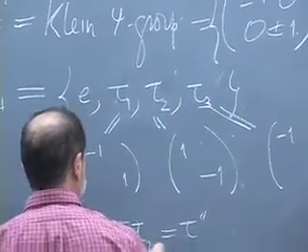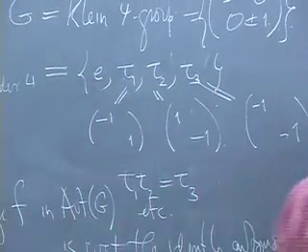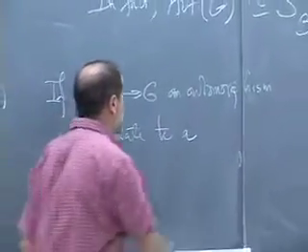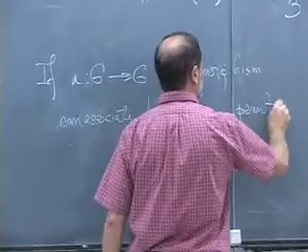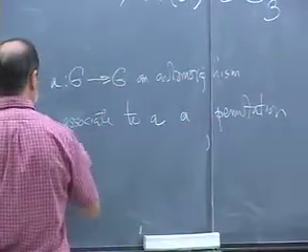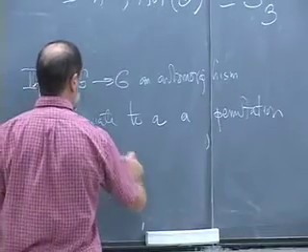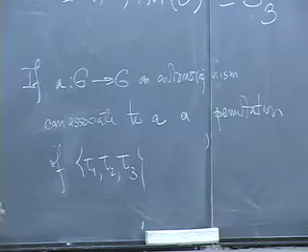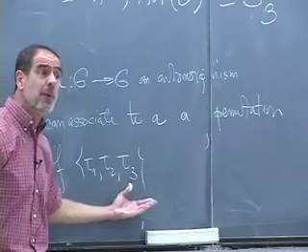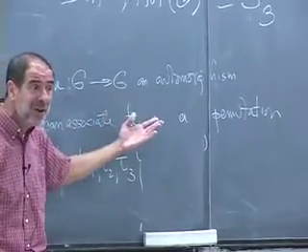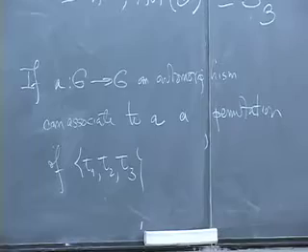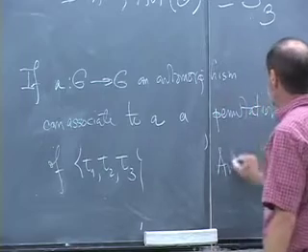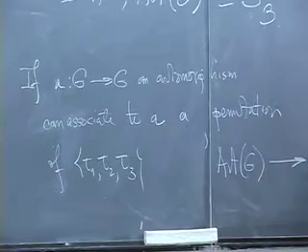So tau 1 times tau 2 is tau 3, etc. I can associate to this A, maybe I'll call A an automorphism so we don't get confused, a permutation of the set tau 1, tau 2, tau 3, which gives me an element in the symmetric group on 3 letters. Very good. And if I know that element in the symmetric group on 3 letters, I certainly know the automorphism of the group, because I know where it sends tau 1, tau 2, tau 3, and I certainly know where it sends the identity. So that gives me a homomorphism from the automorphism group of G to the symmetric group on 3 letters.